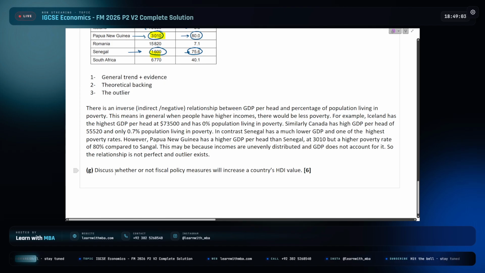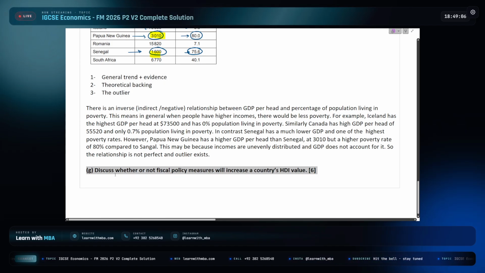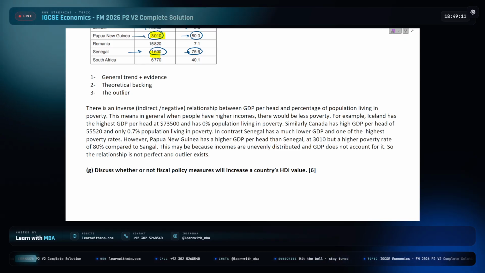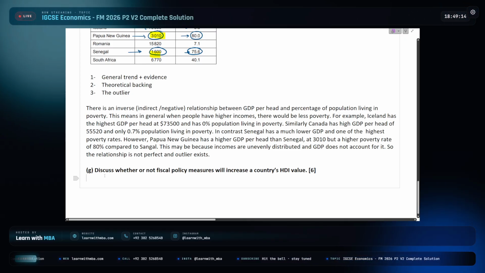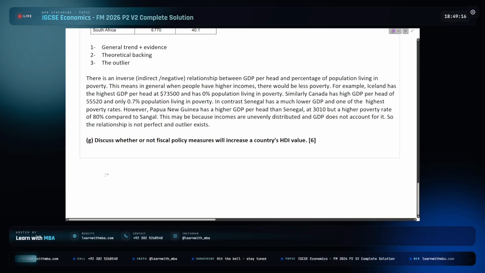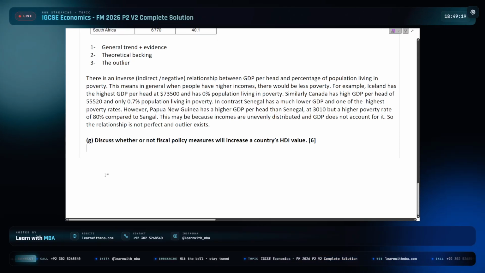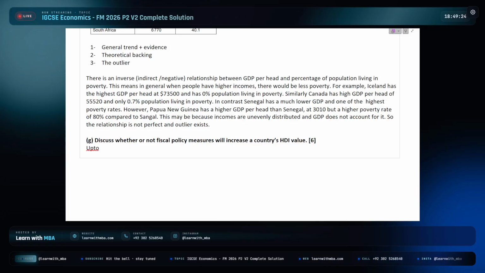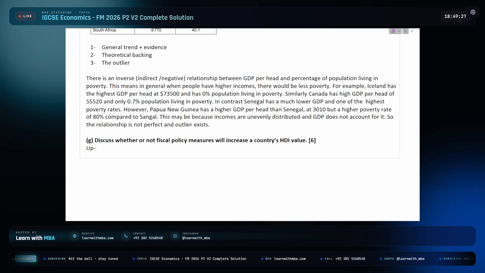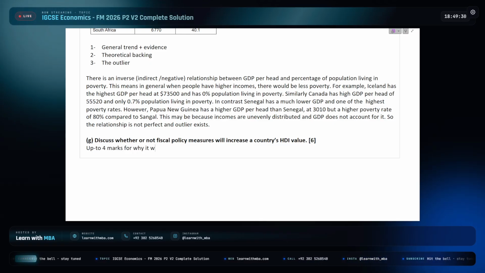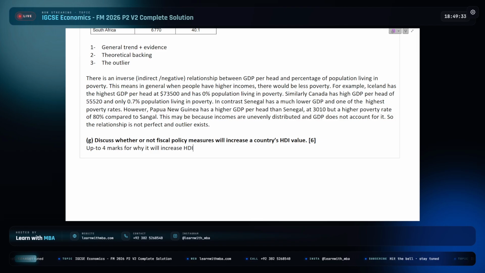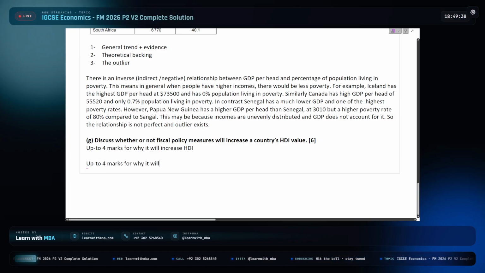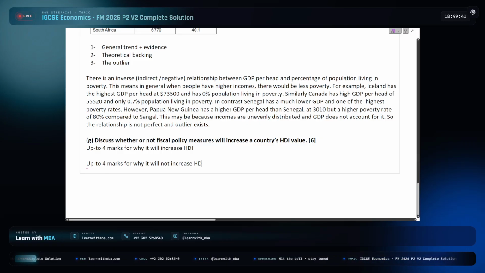Then we have a 6 mark question which says, discuss whether or not fiscal policy measures would increase the country's HDI value, right? So now what you need to do is, it's not necessarily related with the case, but you would have up to 4 marks for why it will increase HDI, and then up to 4 marks for why it will not increase HDI.